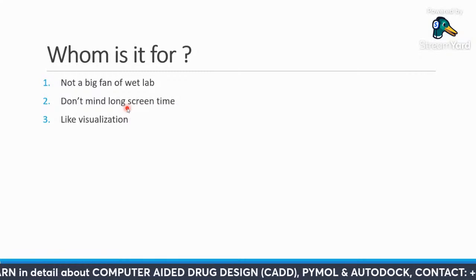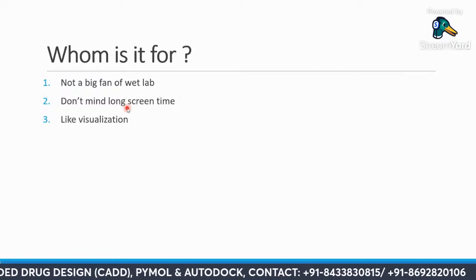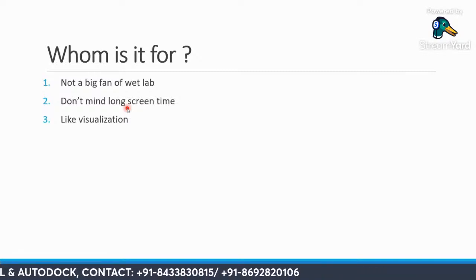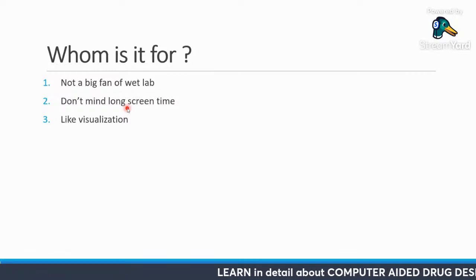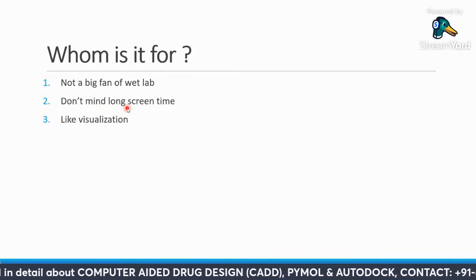It is freely available, so all of you can practice on that. And then there's another tool which is called PyMol. Autodoc is the software that is utilized for docking, and PyMol is a visualizer, where you will see the structure of the protein and how the small molecule is binding in the pocket of the protein. So PyMol is a visualizer, and Autodoc is the tool through which we will do the docking.